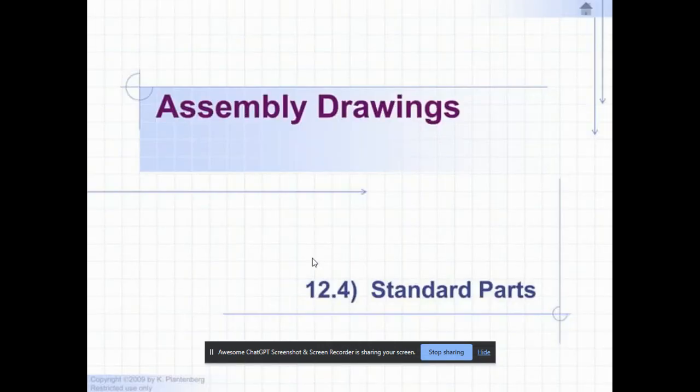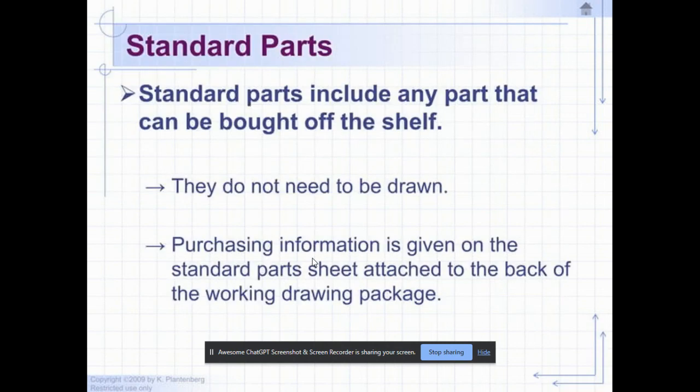Let's look at a very important subtopic, which is the standard part, and let's try and answer some questions. The standard parts basically include any parts that can be bought off the shelf. For example, when you are designing a machine and you are looking at an individual component, let's say a screw, you don't have to design or model the screw, except if it is a special kind of screw.